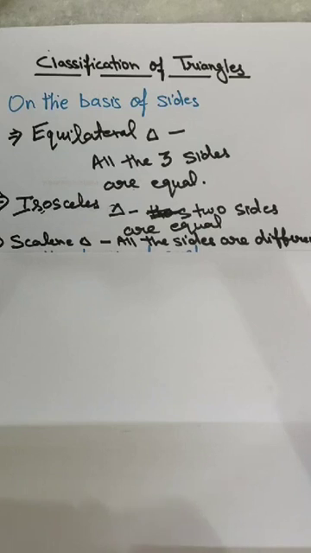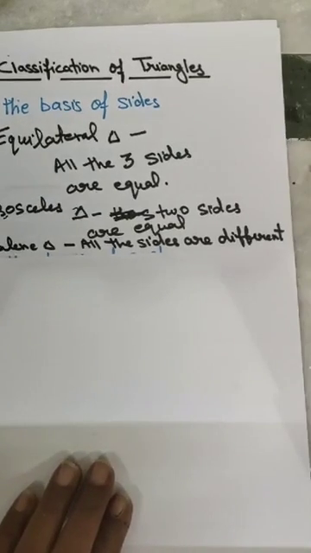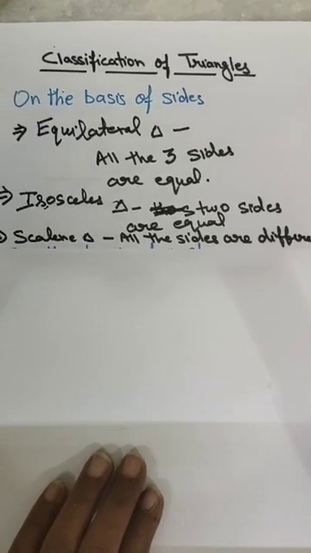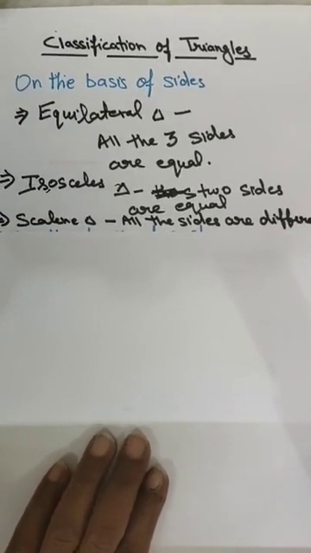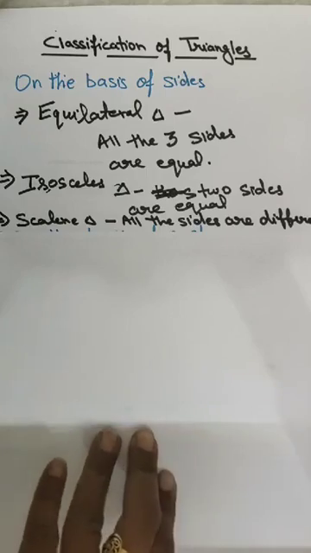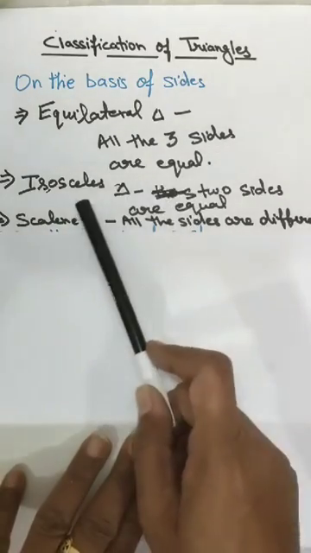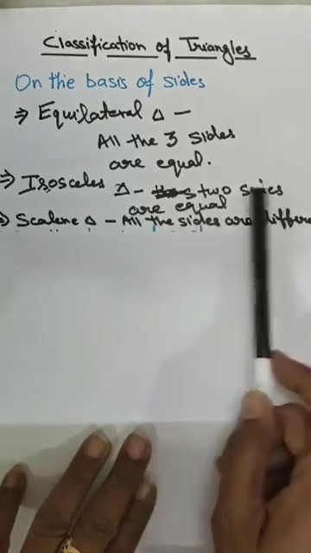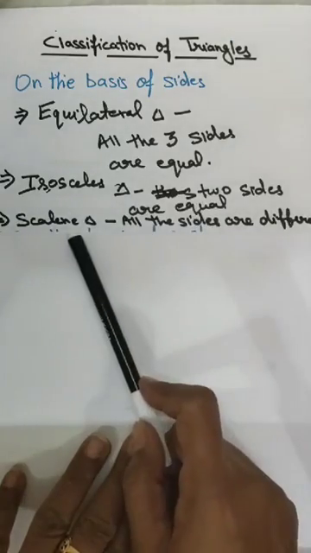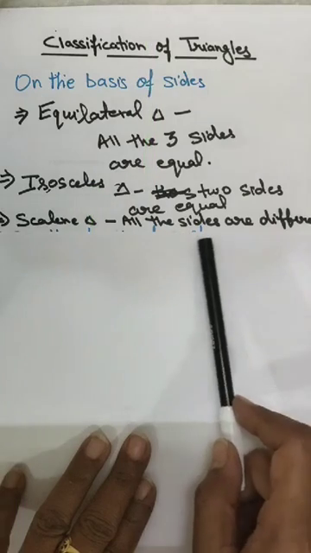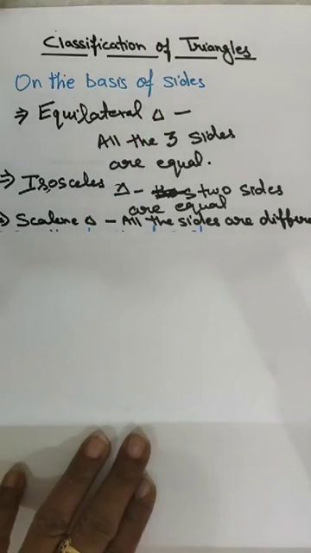Next is scalene triangle, whose all the sides are of different length. So on the basis of sides, we can classify triangles as equilateral triangle, whose all the three sides are equal, isosceles triangle, whose two sides are equal, and scalene triangle, whose all the sides are of different length.